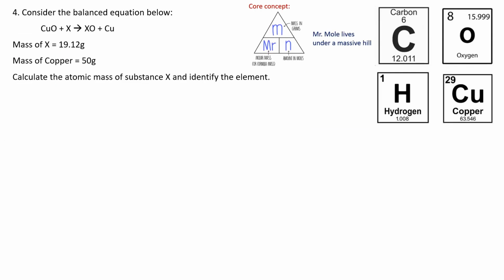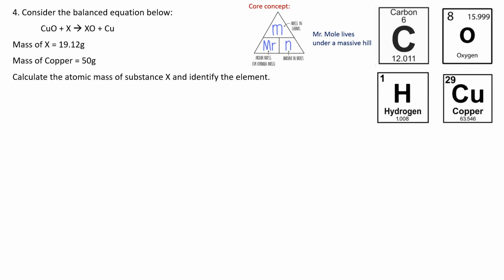Okay, so question 4, consider the balanced equation below, which means I'm going to have to use that equation. It gives me the mass of X, it gives me the mass of copper, and my command word is calculate. So I'm going to use my calculator and I'm going to write down my equation so I might pick up those marks. I'm definitely not going to lose my place. What am I calculating? The atomic mass.